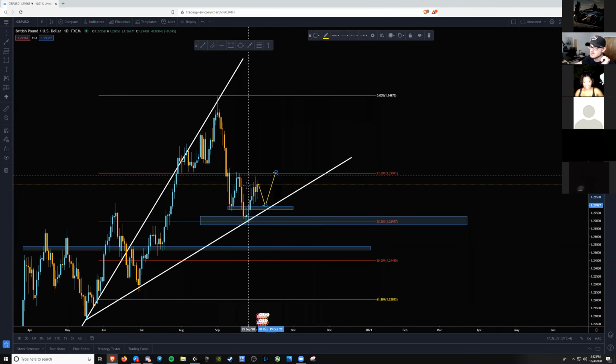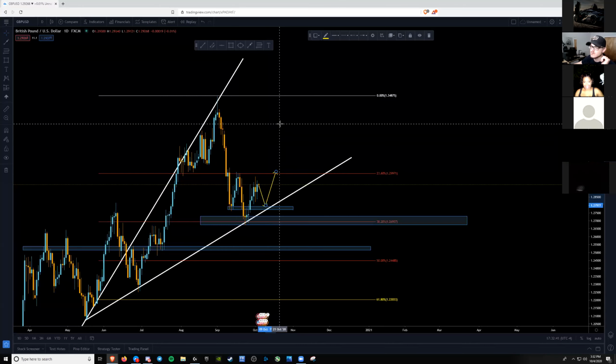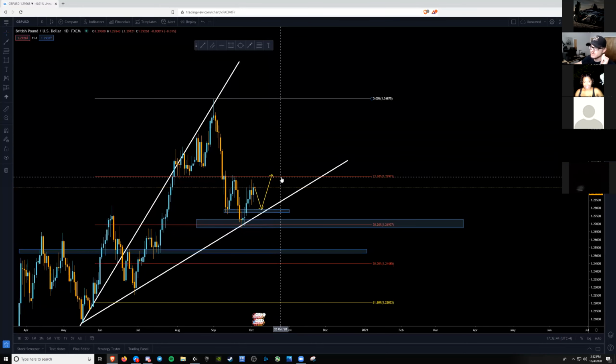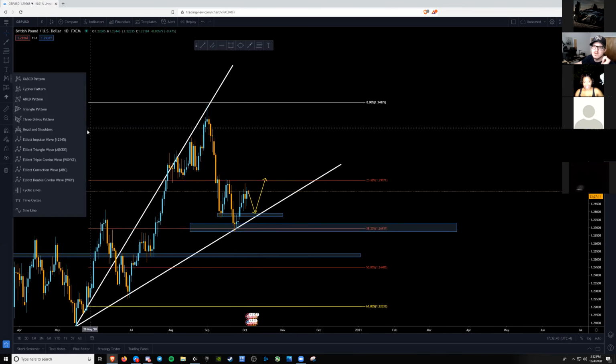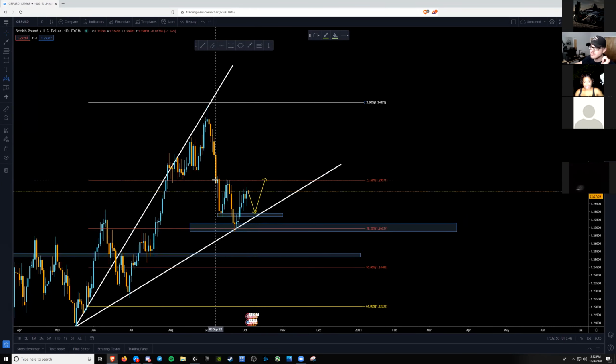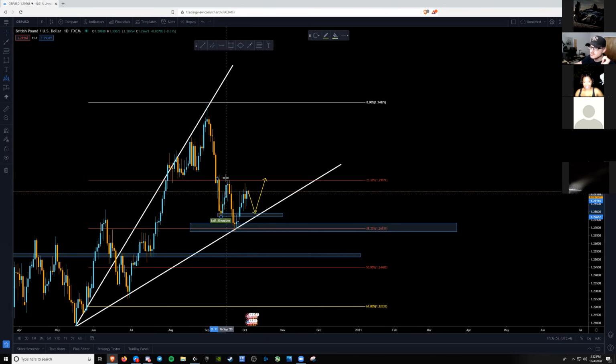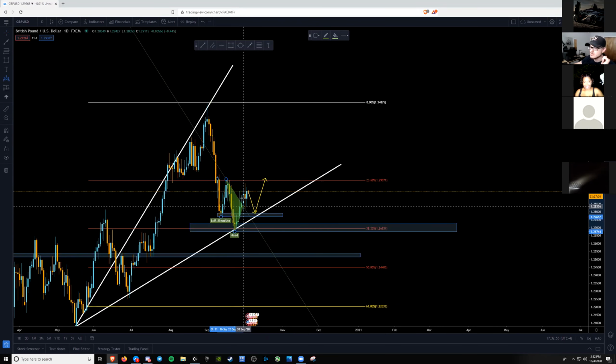If that's the case, then we could draw a line from here and have a target, which I'm sure would be a fib level. Just because I'm curious, given how we know this market works, let's see if it would be or not.